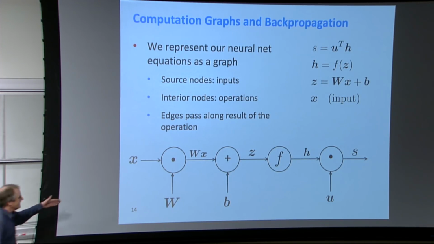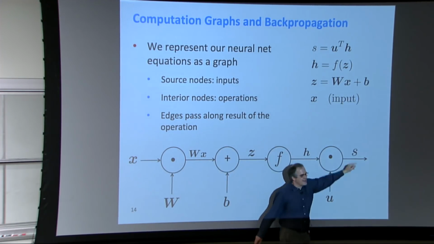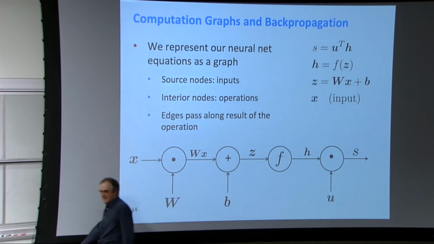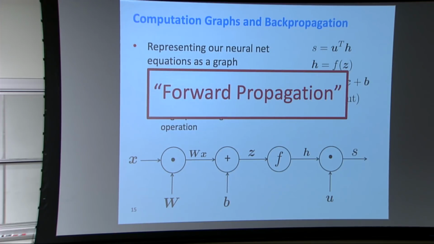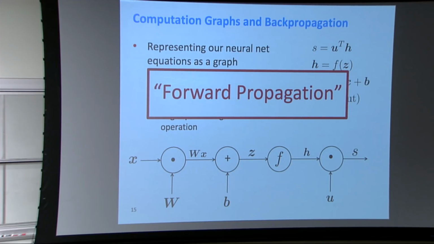The first one is we want to be able to start with these variables and do this computation and calculate what S is. That's the part that's dead simple. That's referred to as forward propagation. So forward propagation is just expression evaluation, as you do in any programming language interpreter. That's not hard at all.